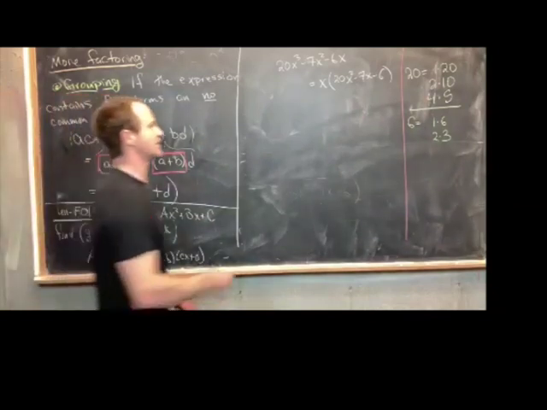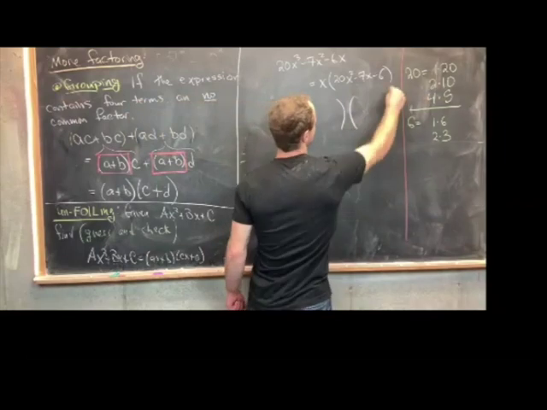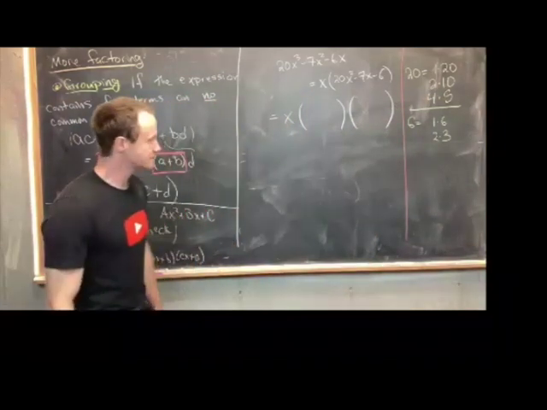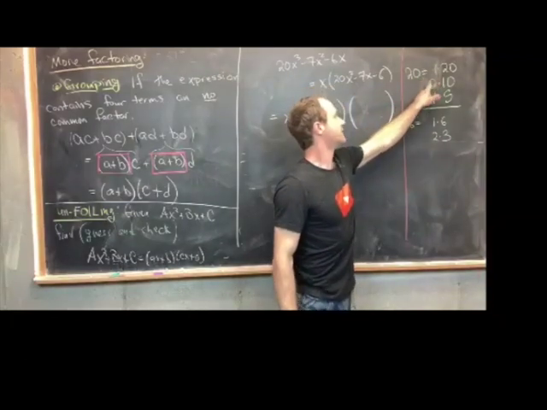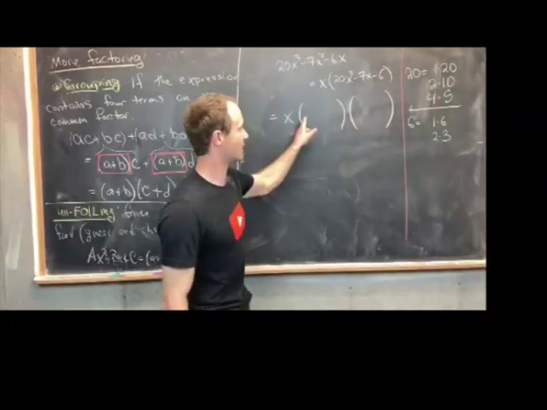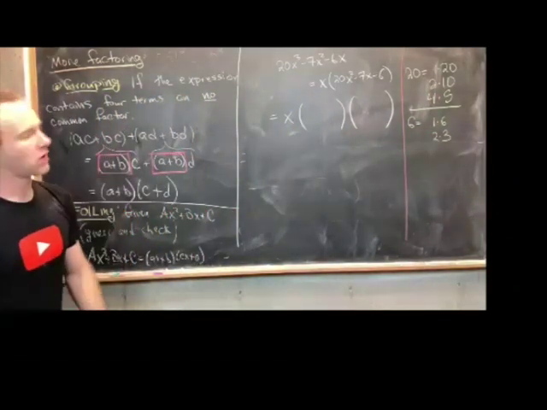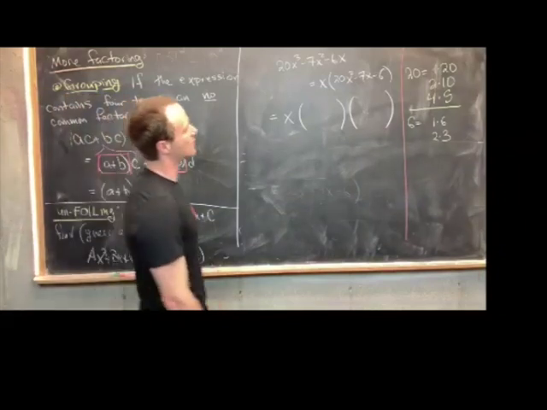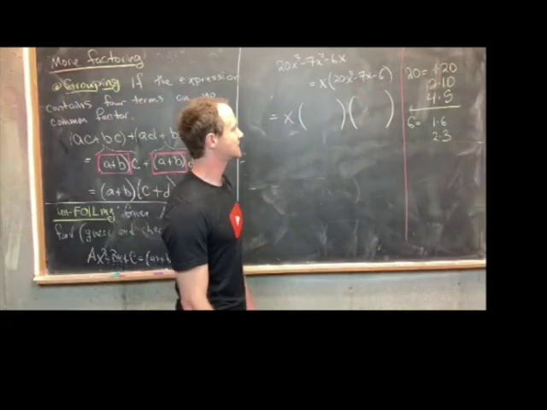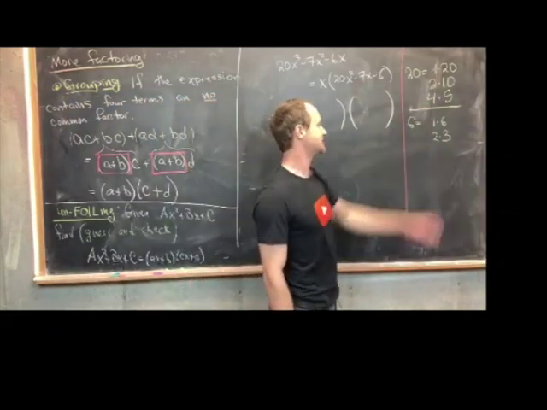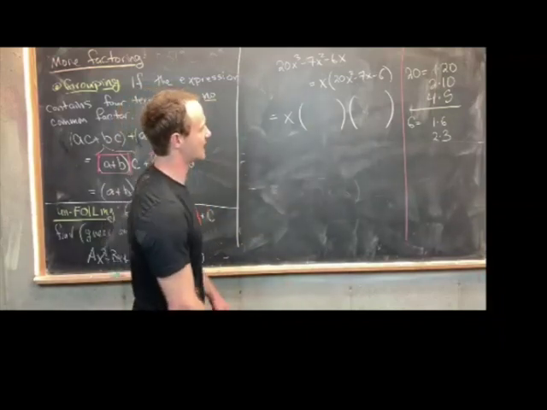So if we were to factor this into 2 parts, so we've got x and then something, something, we know that one of these parts will come from one of these factors of 20 over here, and the other part will come from one of these factors of 6. So since 7 is a small-ish number, you probably want to try something in the middle first. So let's try this 4 times 5.